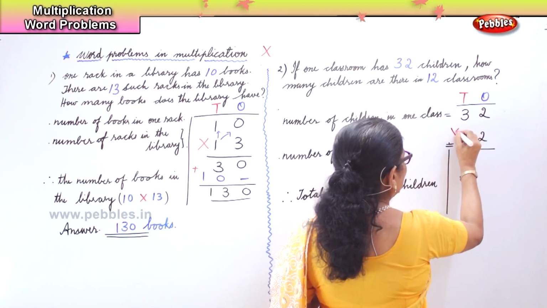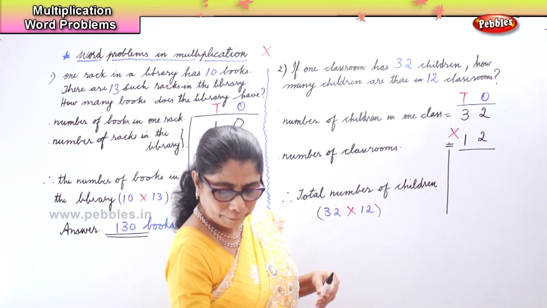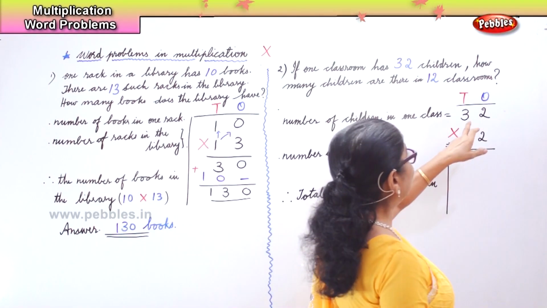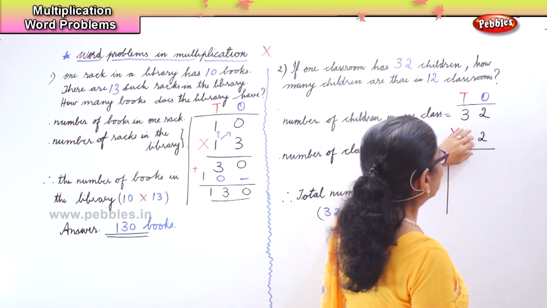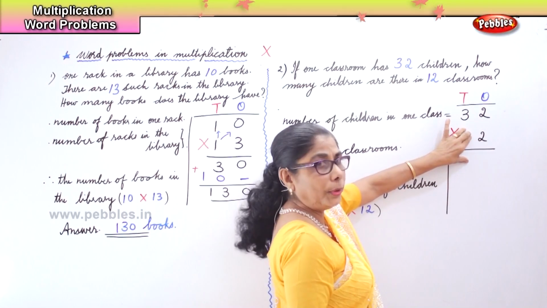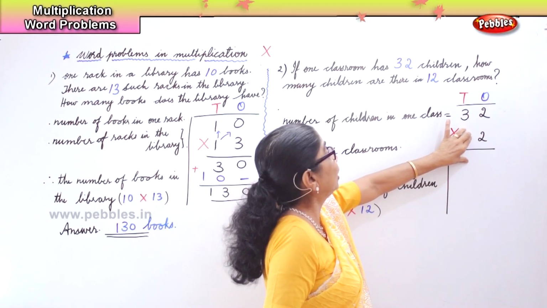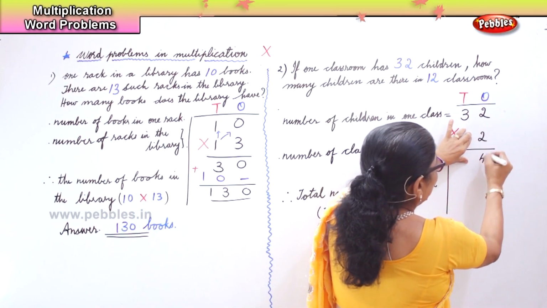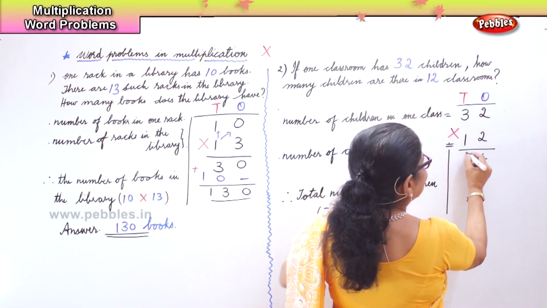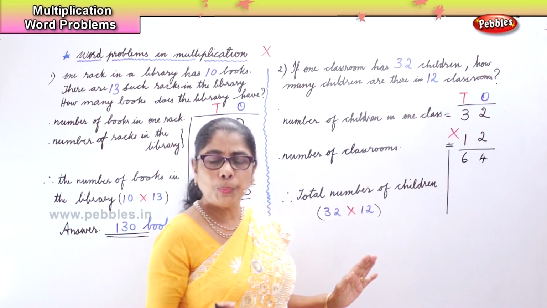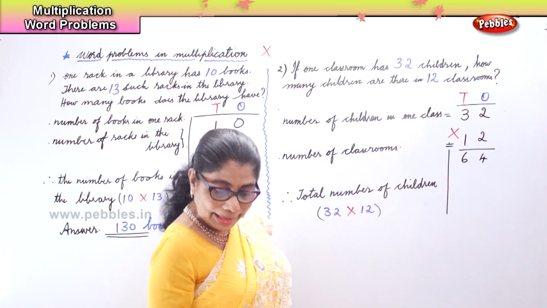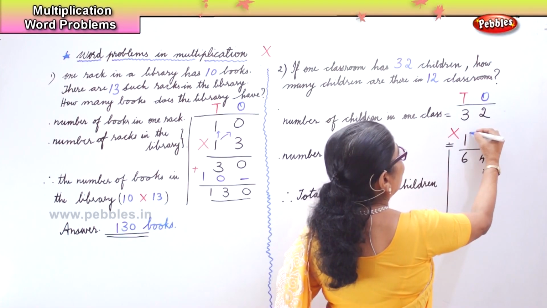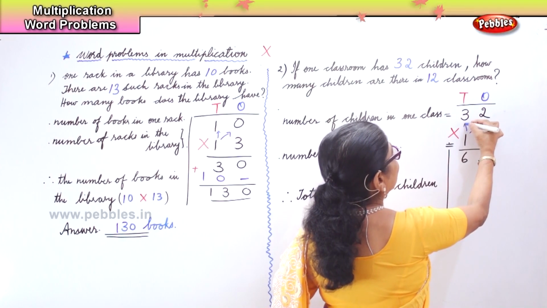32 into 12. Now, what do we remember first? Tens and ones, we have to be very careful. 32 into 12. Forget about the 1. We are going to multiply 32 into 2. 2 twos are 4. 3 twos are 6. 32 into 2 we have done. Next, you forget about the 2. You think of 1 into 2 and 1 into 3.